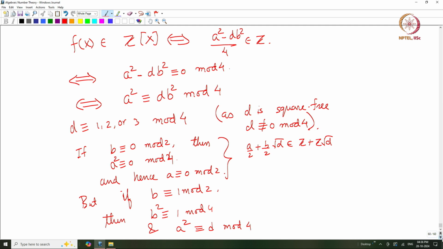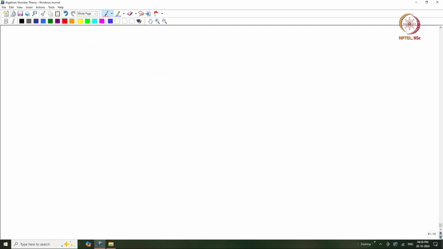And the only way D is congruent to a square mod 4 is if D is congruent to 1 mod 4. In this case A is also odd, sorry, A squared is congruent to 1 mod 4, right.